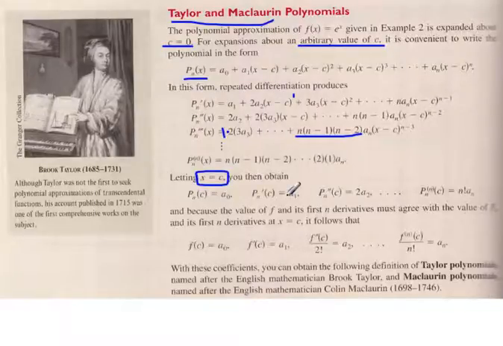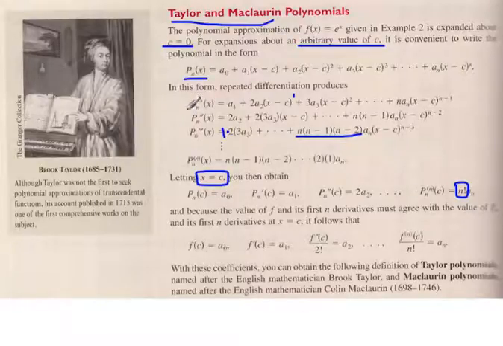That's why you get a sub 1. If you plug it into the second derivative, all these terms go away, so you'll get 2a sub 2, and so on and so forth. If you did that in the nth derivative, everything would go away except for that very first term, which would now be n factorial times a sub n.